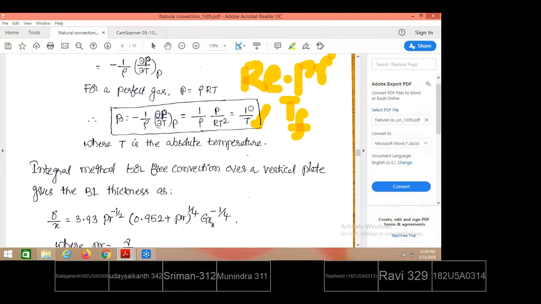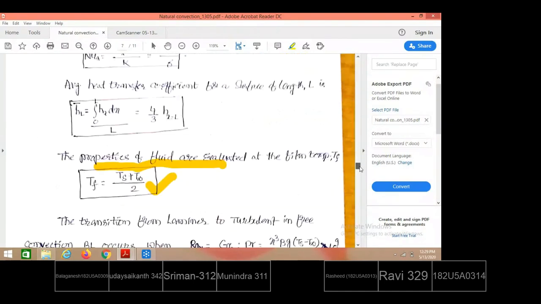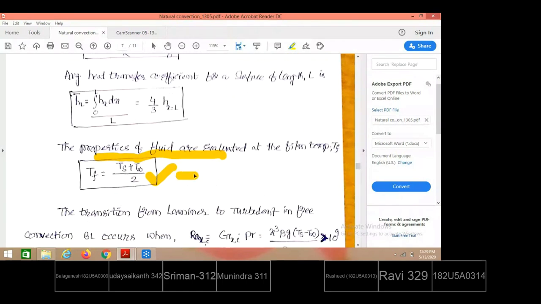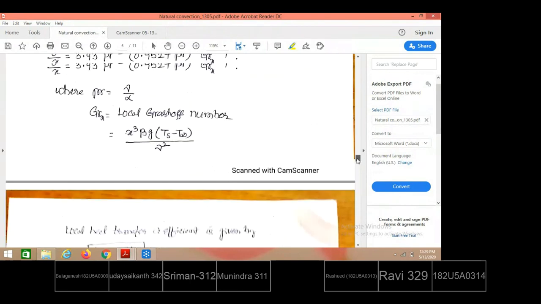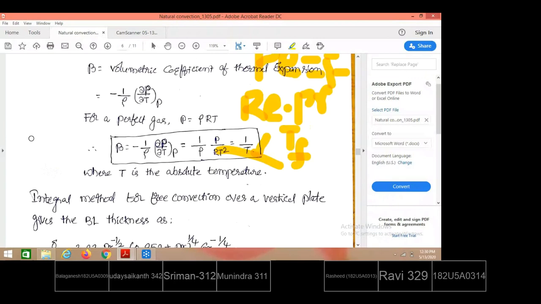While substituting in this equation, whatever film temperature is calculated must be substituted in kelvins, so plus 273 must be added. So beta equals 1 by T film for natural convection, where T film is the average of the plate temperature and the fluid temperature, taken in kelvins and not in degrees centigrade.